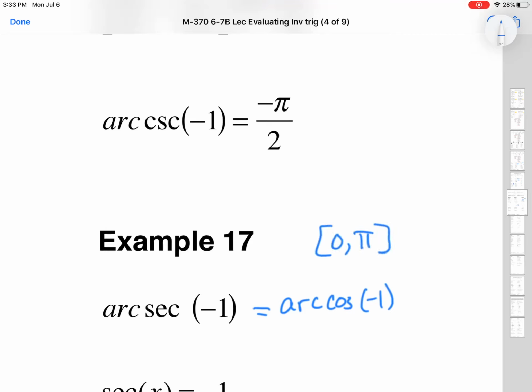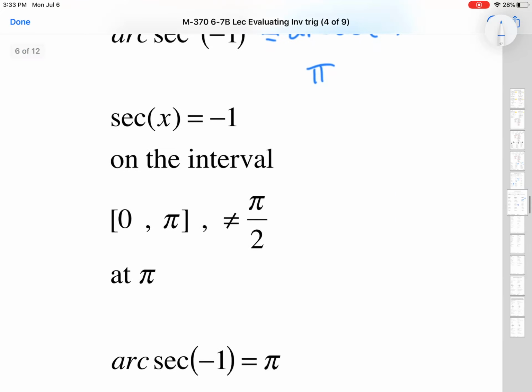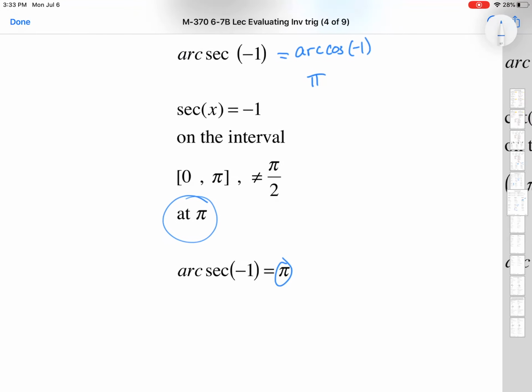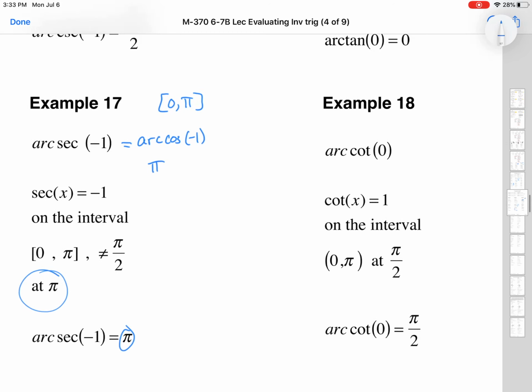Where is it going to be negative 1? At pi, right? Because at 0 it's 1. So we get pi. I'm not sure why it's not pi over 2. Oh, that's the output, okay, because it can't have a pi over 2 output because it's undefined there. But make it easy on yourself as you go through.